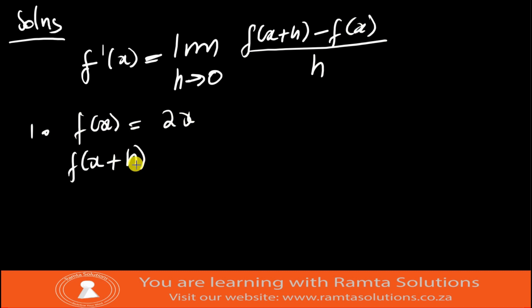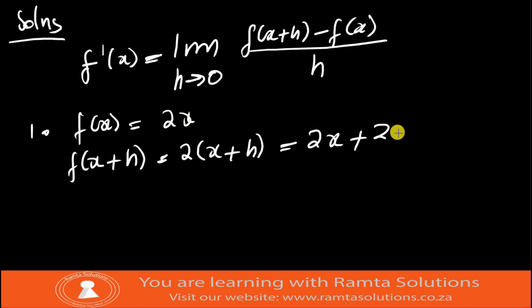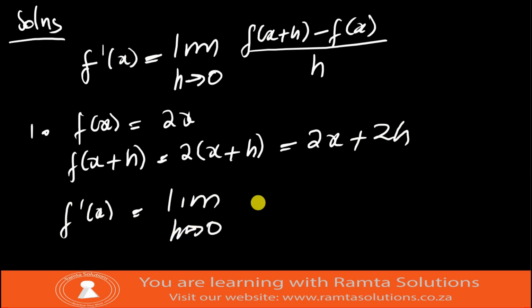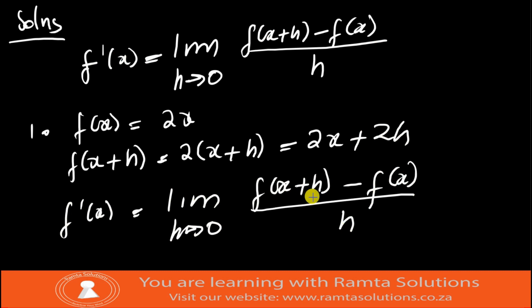It means where there's x, we put x plus h. So this is 2 into x plus h, which is 2x plus 2h. Now we can substitute into this expression: f prime x equals the limit as h tends to 0 of f of x plus h minus f of x over h. In your final examination, when you write this, you get a mark for writing this.